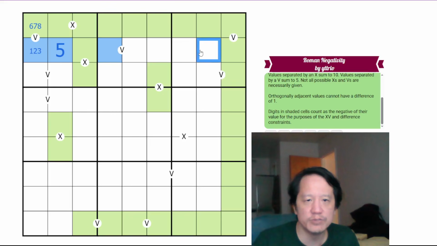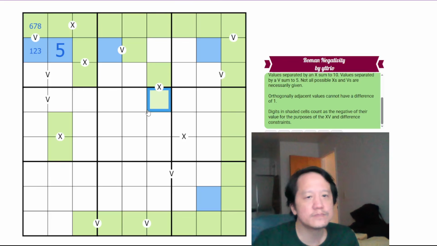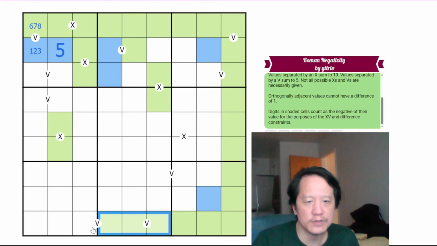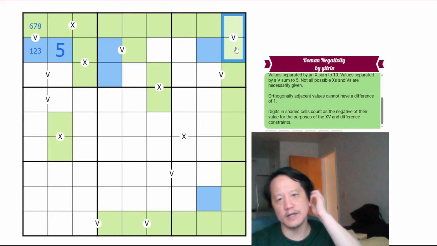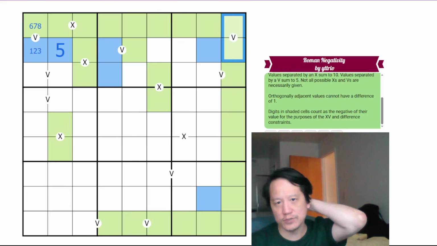So again, this is blue, this is blue. Every V has to have a green with it, so this is green. The blue has to orthogonally connect, so that's blue. This is not necessarily green. We know that this has to be green, though. So these must be 1 through 4. These are orthogonally adjacent, so it cannot be 2, 3.